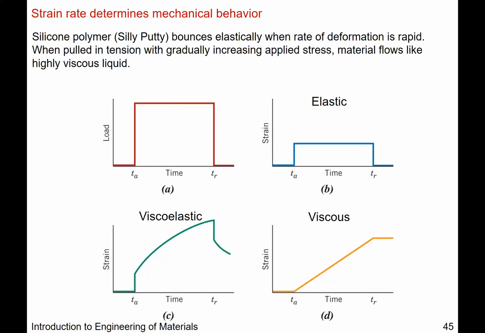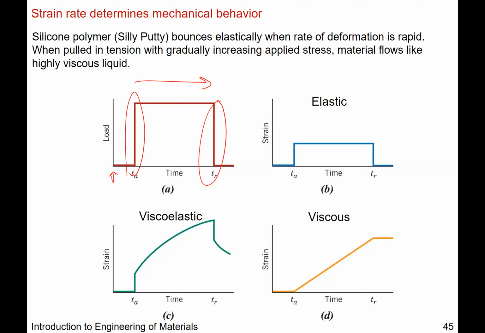In this example, what we can think about is if we apply a load at some time 0, right? There's no load. And then at some time t_a, we apply some load instantaneously. So you can see the load just increases like a step function. And then let's say we keep that load for a while, and then the material is allowed to relax.